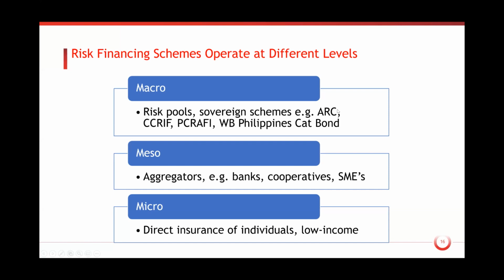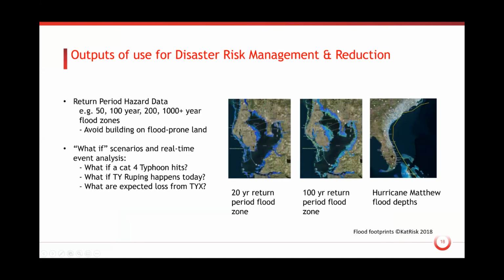Now, of course, outside of insurance, these models also have several applications of use because the fundamental information that comes out of them gives you a deep understanding of risk. So as well as the metrics that Matt described that are output in terms of the EP curves and the average annual losses, we can also output hazard maps like these. These are examples shown for America.